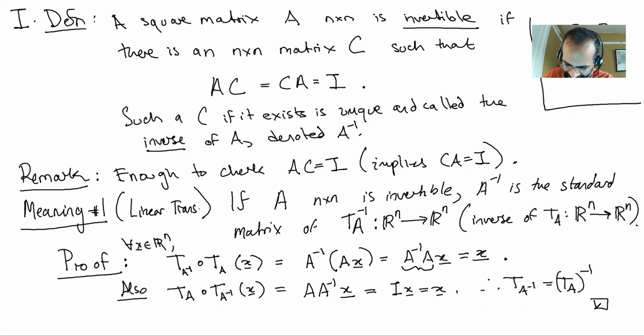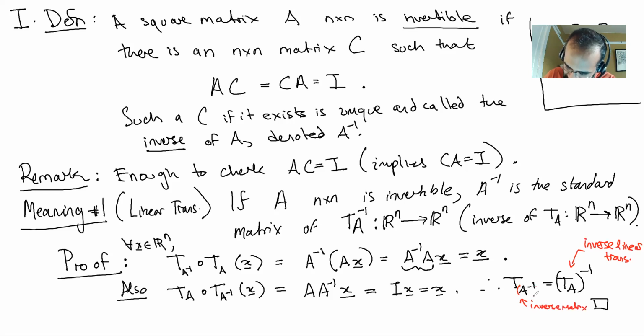Maybe the conceptually challenging aspect of it is that we're thinking of two different kinds of inverse, right? You have the inverse of a linear transformation, so this is the inverse linear transformation, and this is the inverse matrix, right?